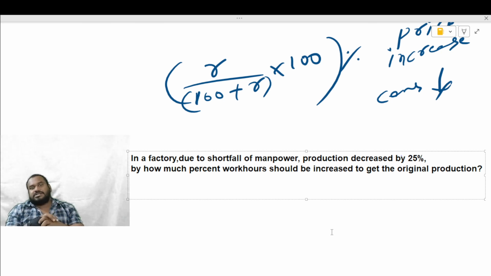But for some reason, there was a shortfall of manpower in the company. So production decreased by 25%.